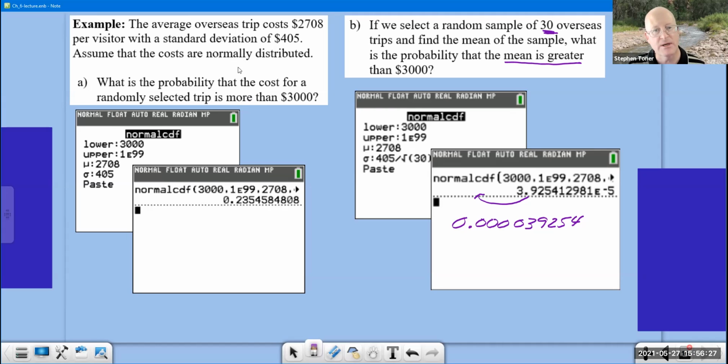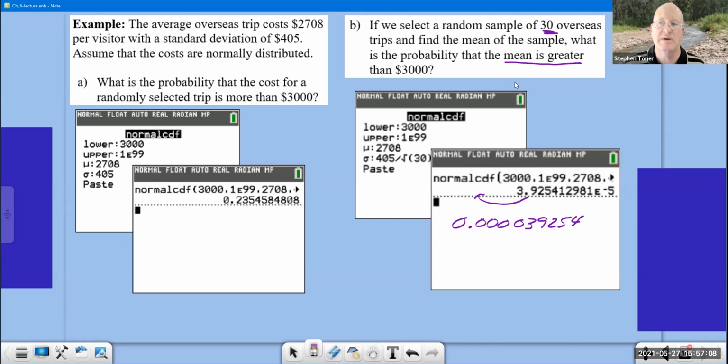That was necessary to do part A. It was not necessary for us to do part B, because in part B, when we have a large sample size and when we're looking for the distribution of the mean, the result of that central limit theorem activity that I did with you is that we can assume we can use the normal CDF regardless of whether the distribution of the cost of these trips is normally distributed or not. It's an added bonus that it is, but it's not necessary that it be that way.